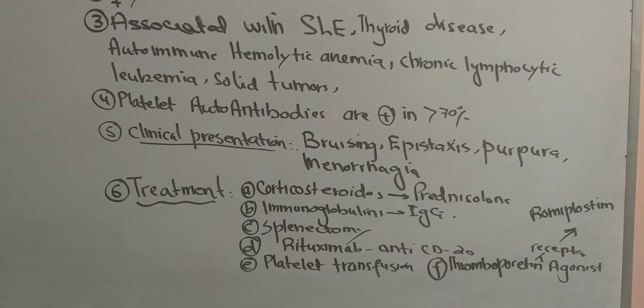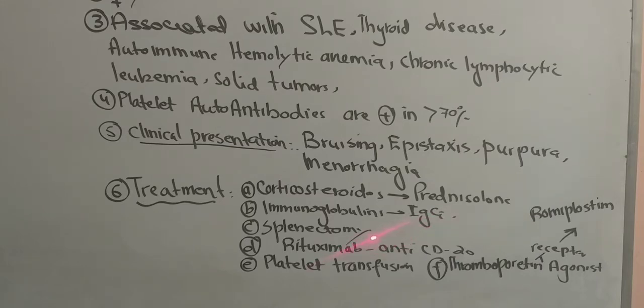Their treatment, other than the supportive, is the corticosteroid. We can use prednisolone in them, 1 milligram per kg per day. We can also use the immunoglobulins like the immunoglobulin G. There is an option of removing the spleen so that the sequestered platelets can be brought back to the circulation.